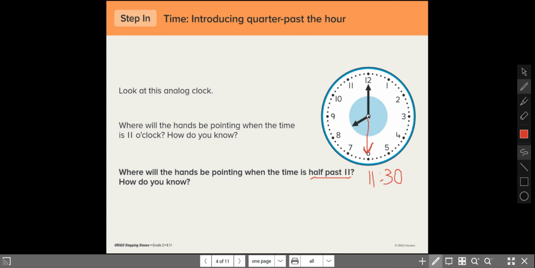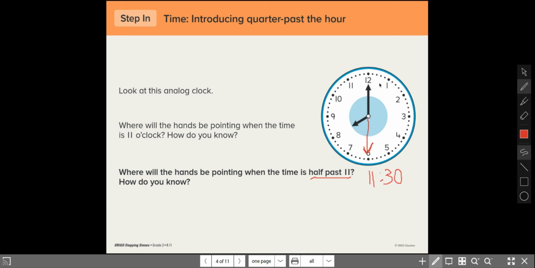Well, if it were 11 o'clock, my hour hand would be pointing right at the 11. But what happens with the hour hand is as time goes by, as we move from 11 o'clock to 12 o'clock, the hour hand is very slowly moving from 11 to 12. It takes 1 hour for the hour hand to get from 11 to 12.